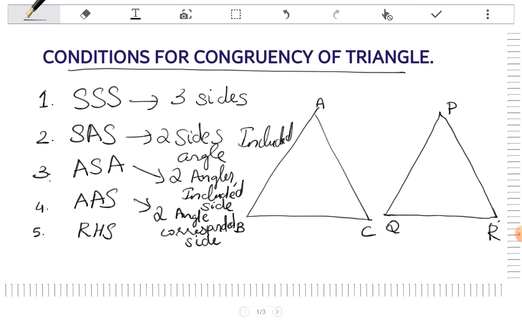So in this triangle, suppose angle A is equal to angle Q and angle C is equal to angle P, and BC is equal to PR. So here we have two angles that are equal, and this side, in the first figure BC and in the second figure PR, are said to be equal.